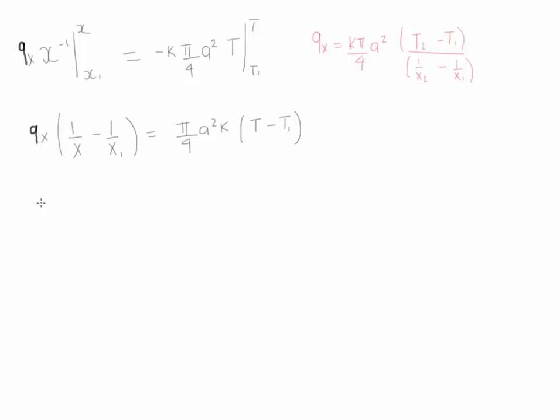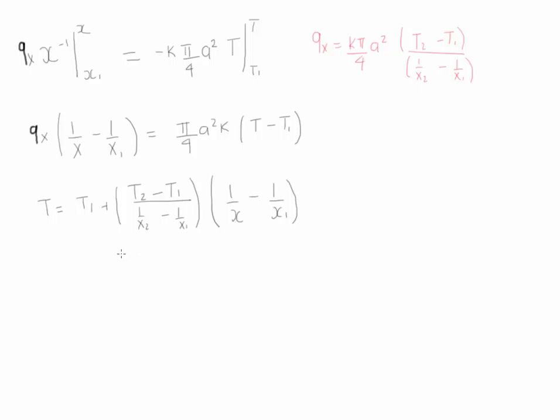And if we solve this function for T, we say that T is equal to T1 plus (T2 minus T1) over (1 over x2 minus 1 over x1) times (1 over x minus 1 over x1).